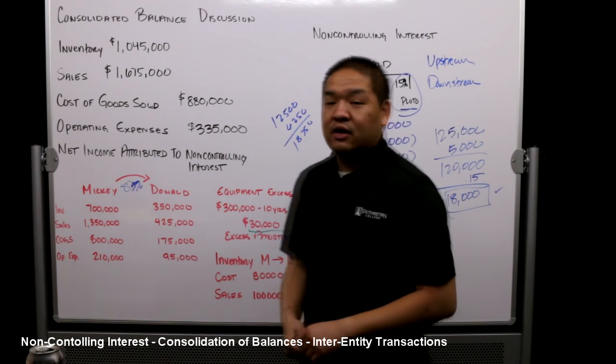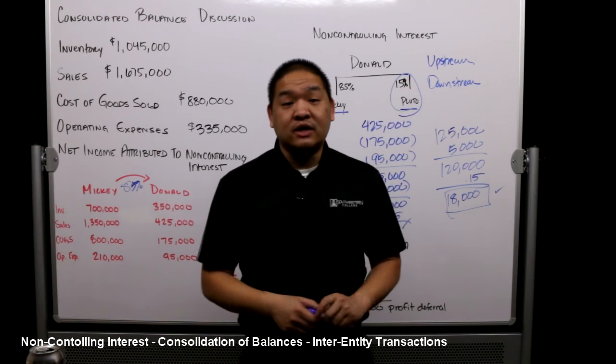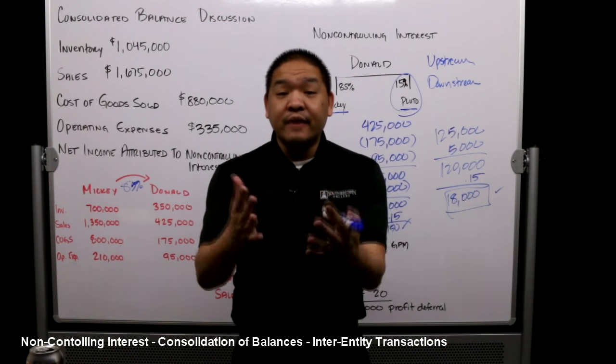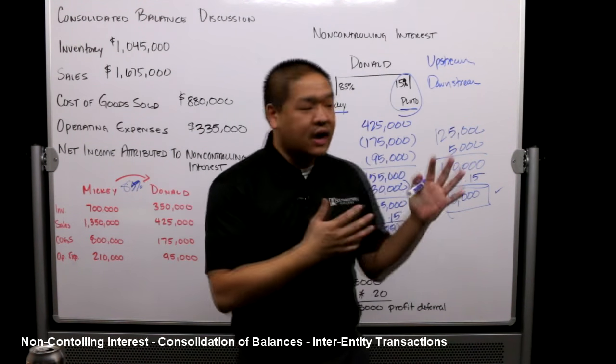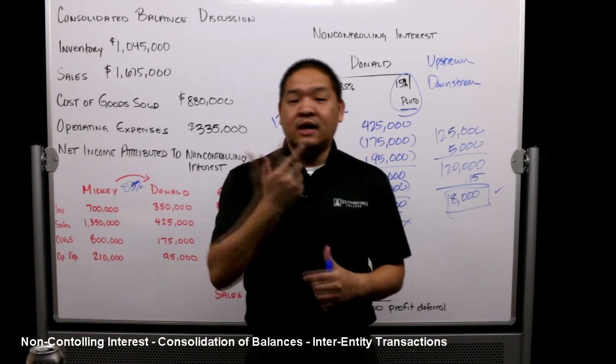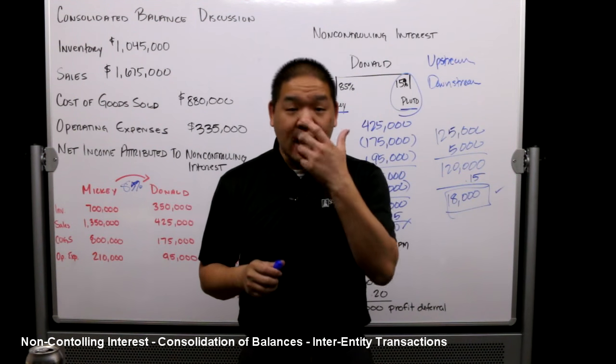So again, in this video, we were trying to address this idea of net income attributed to non-controlling interest. It gets a little bit confusing when we talk about down and upstream. Hopefully this video shows you the minute differences between upstream and downstream, and it really is minute. It's that $5,000.